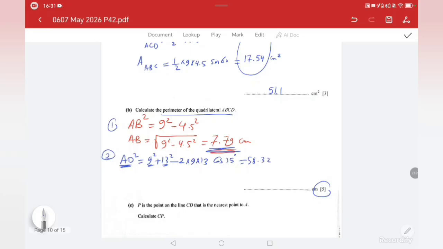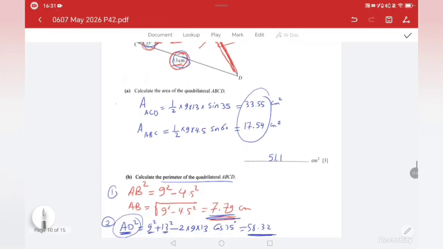58.32. Again, take care that this one is the square. This is also one of the mistakes, that you think this is the final answer. No, this is AD squared. You need to take the square root of this number. Even if you forgot this in the exam, usually numbers have to make sense.